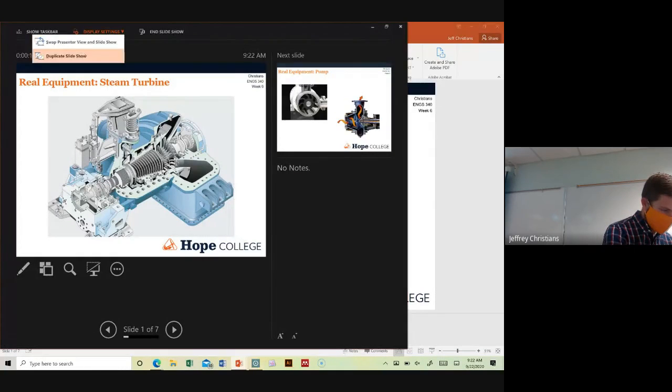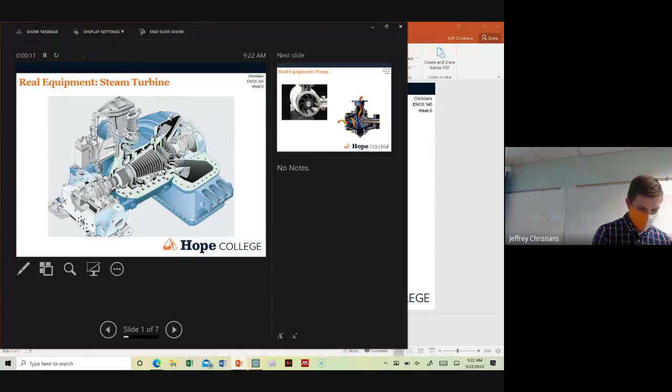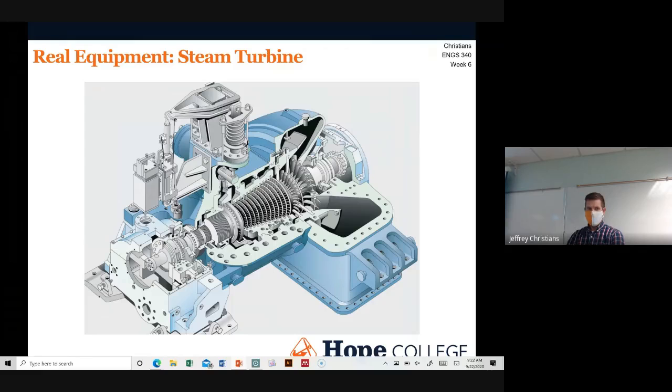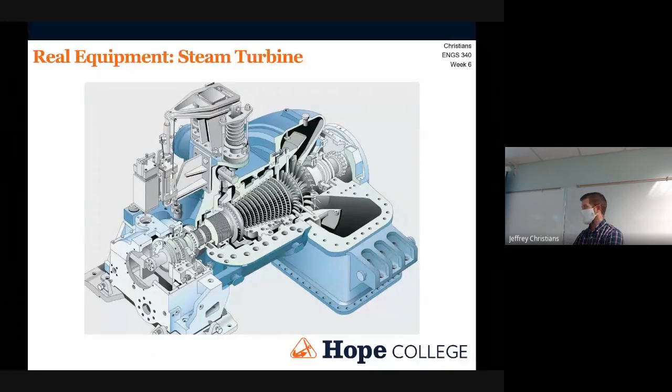And let's think a little bit about what's happening between our steam turbine and what would have to be happening in Carnot.